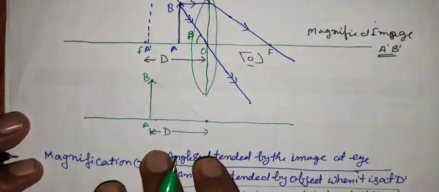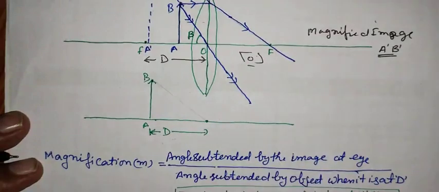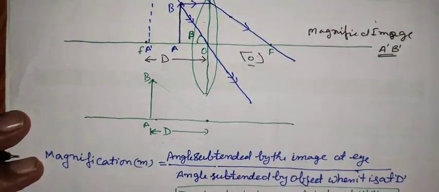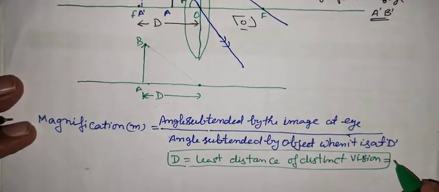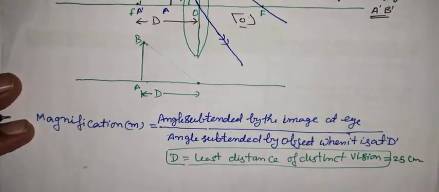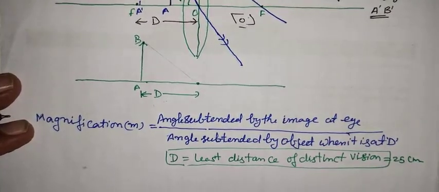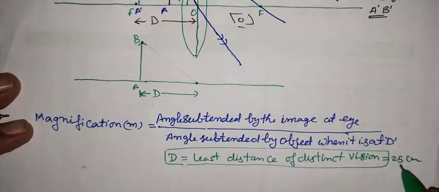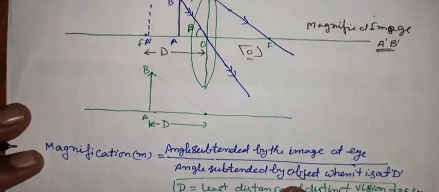Compare both diagrams; capital D is equal. We know this is 25 centimeters, the least distance of distinct vision for a normal eye.